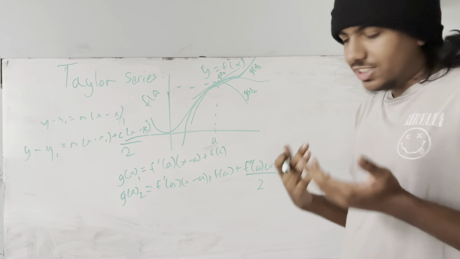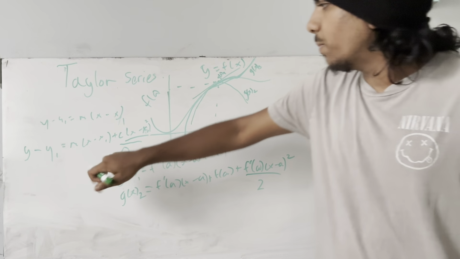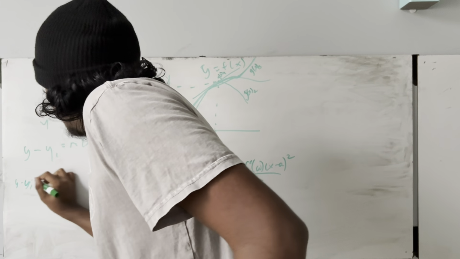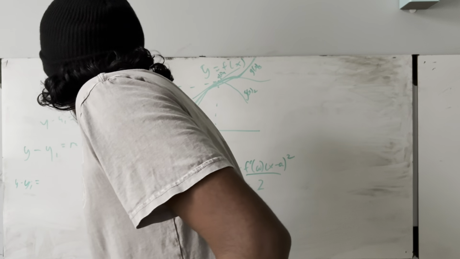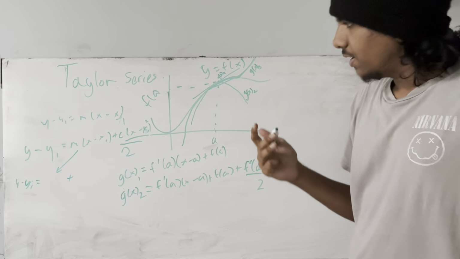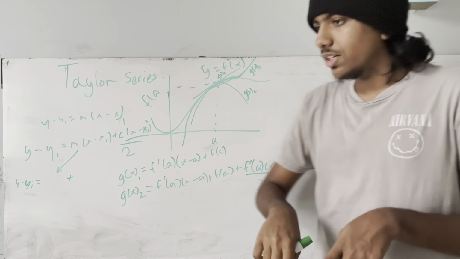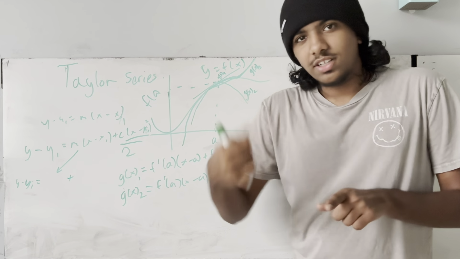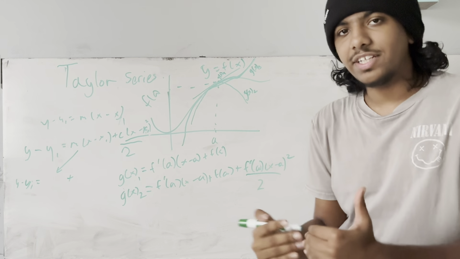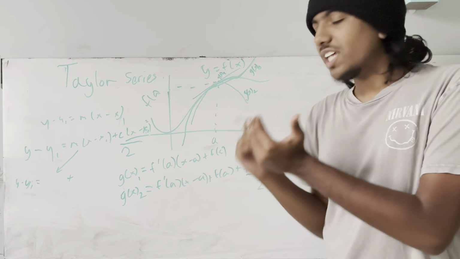You're probably already seeing a pattern. So we're probably going to do this same thing. We're going to copy down y minus y1 equals all of this stuff right here. But we're going to add a third term. And this third term is going to be the, I think in physics you call it jerk. But basically how much the rate of change of the rate of change of the rate of change is at that point.